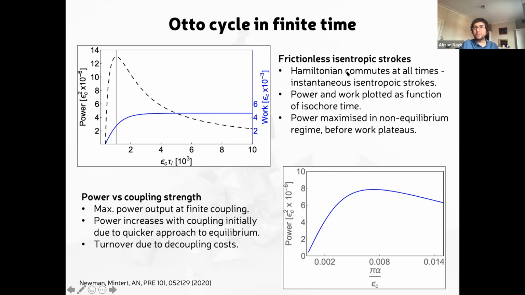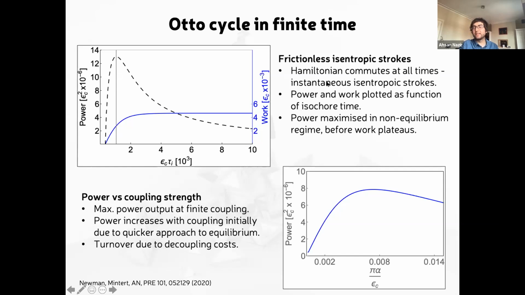We consider a Hamiltonian that commutes at all times along the isentropic strokes, and so there's no quantum friction effect in our engine. That's because we wanted to isolate any effects due to the system environment correlations and their buildup, rather than quantum friction effects that are already known to exist if the Hamiltonian doesn't commute at all times.